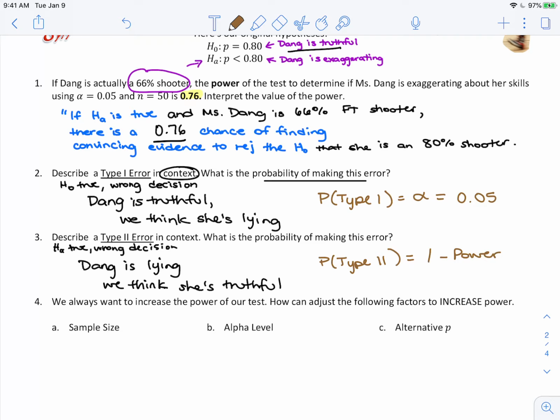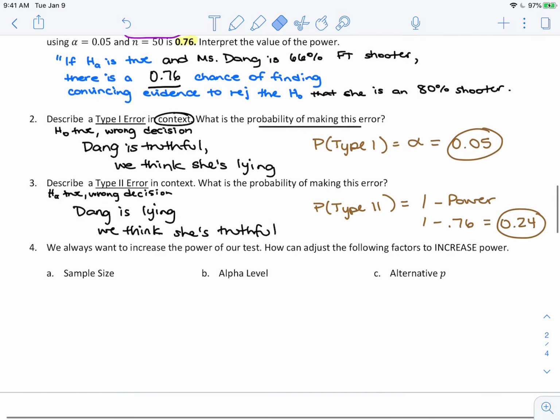It was 0.76. Okay, so I'll just do 1 minus 0.76, and I get 0.24. Okay, so there, and there. So your chances of making a type 1 error are 5%, and your chance of making a type 2 error is 24%. So, you're a little bit more likely to make a type 2 error, but whatever.